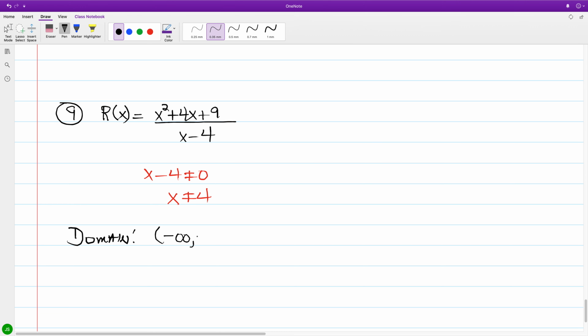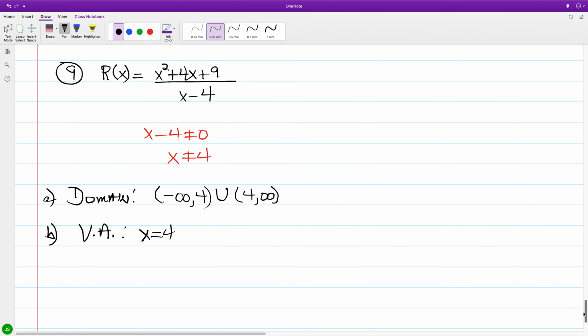In interval notation, those values of x less than 4, along with those values of x greater than 4. Since the ratio is already in simplest form, the exclusion from the domain is going to be our vertical asymptote, at x equal to 4.